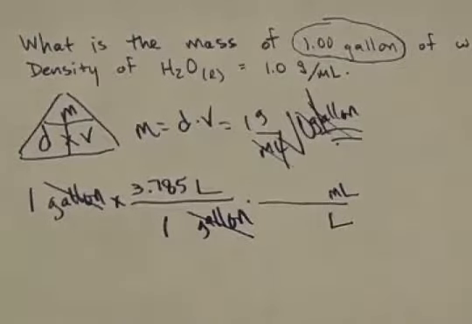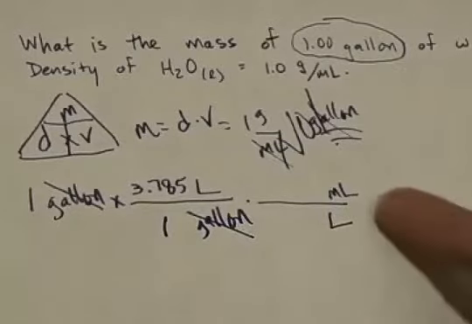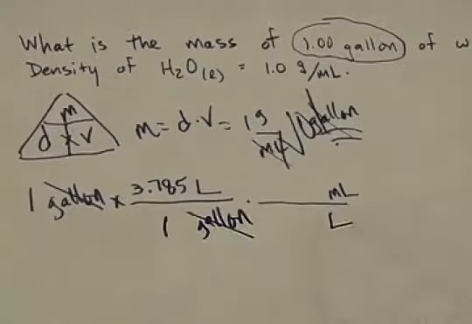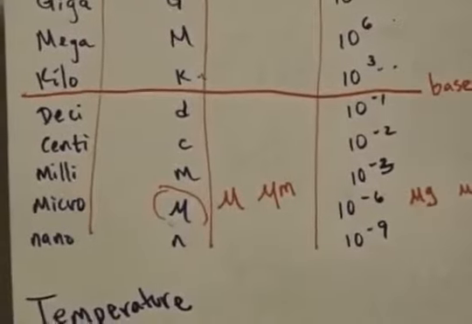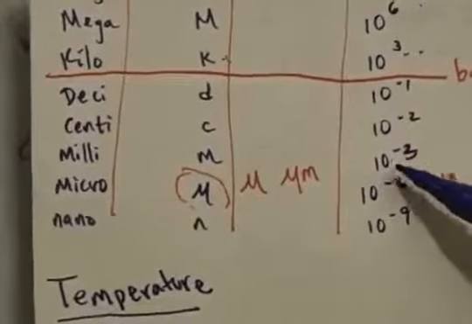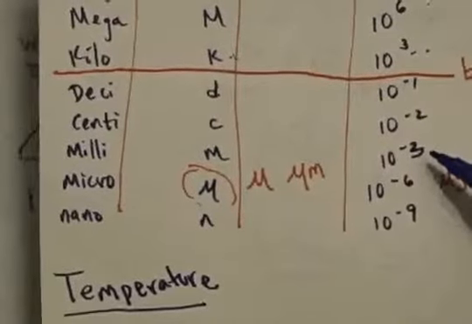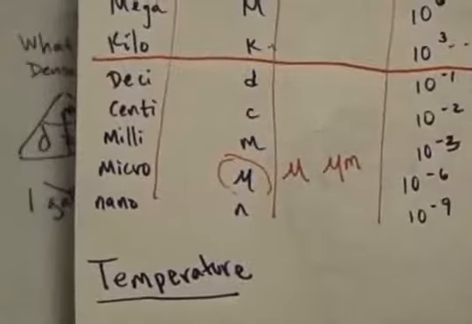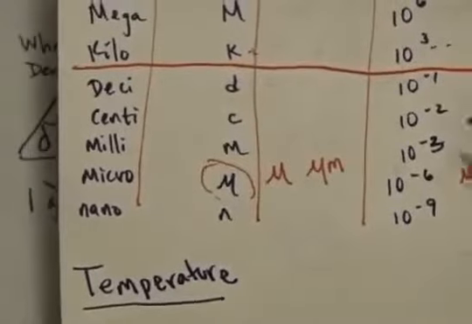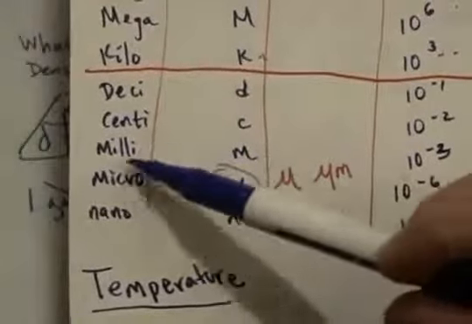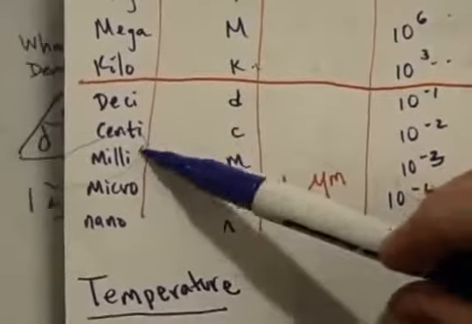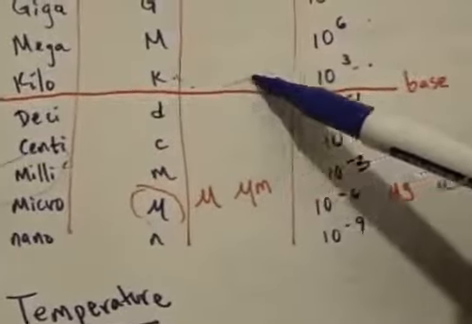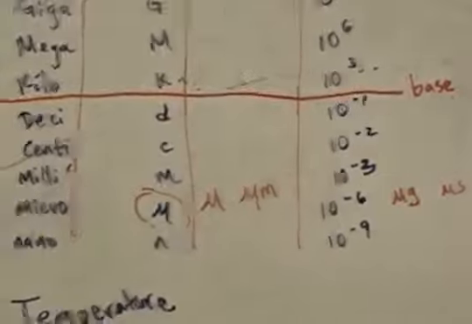Now if you forgot the relationship between milli and the base unit liter, you can look back at your notes and you can see that it's 10 to the negative third, or a 1,000 times smaller prefix than the base unit, which means there's 1,000 of these small milli units in one of the base unit, which happens to be the liter.